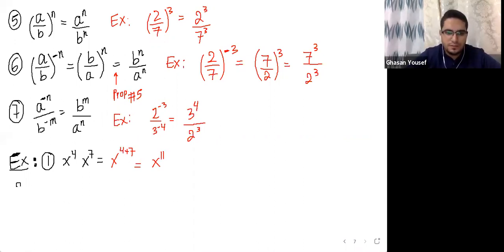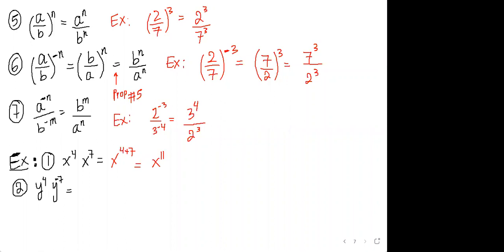Number 2 is y to the power 4 times y to the power minus 7. Who will do this one? It would be y to the power 4 plus negative 7.